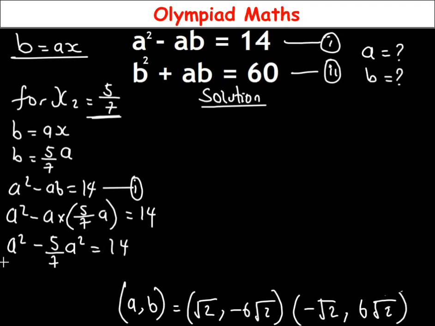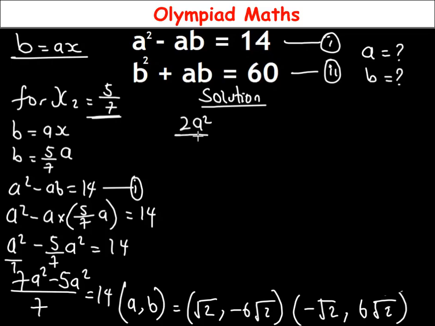Okay, at this junction, the LCM is 7, right? 1 will go in 7, 7 times a squared is 7a squared, then minus 7 will divide 7, 1 times 5a squared is minus 5a squared, equal to 14, right? So with this, 7a squared minus 5a squared is 2a squared, then over 7 is equal to 14.